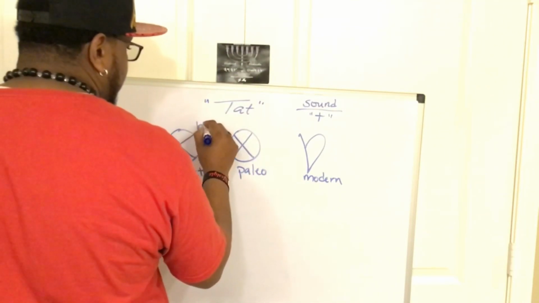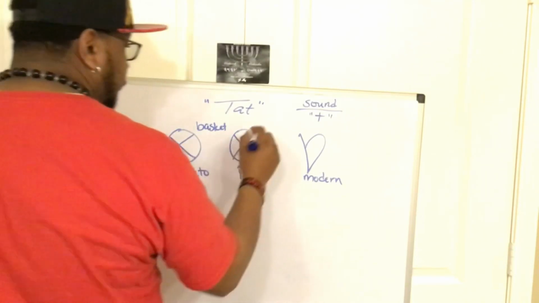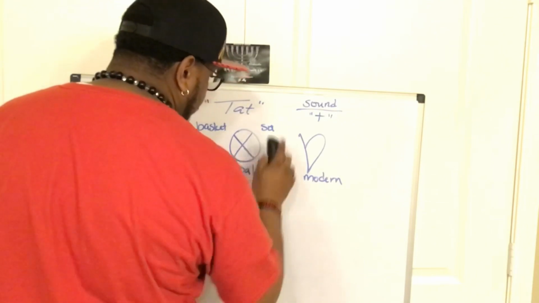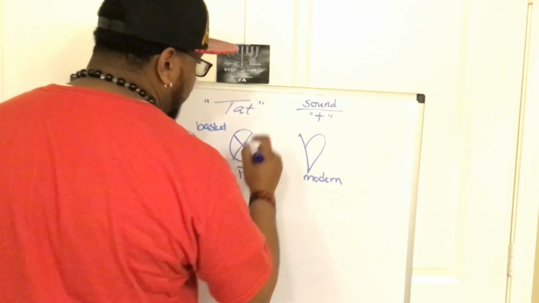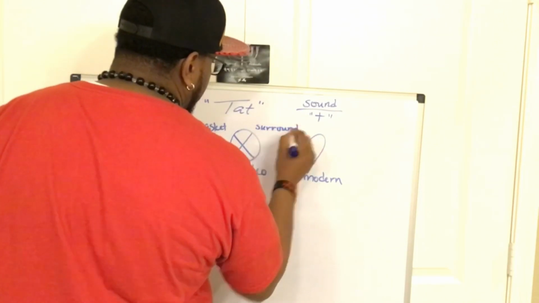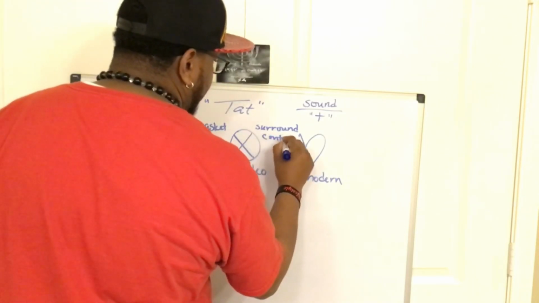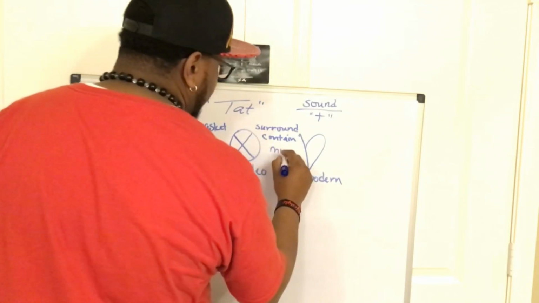It's basket. That's what it represents. Basket. To surround. Salahi means forgive me. We'll go into all that later. Surround. Contain. Or mud.